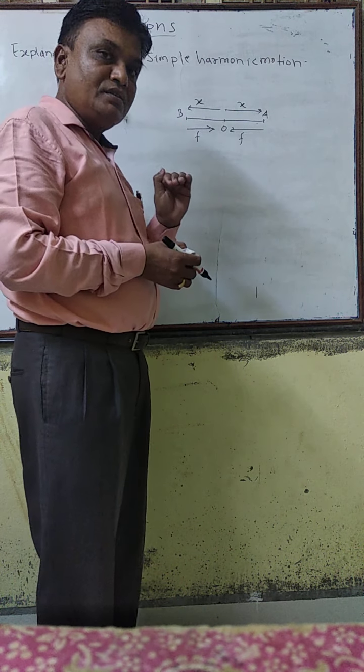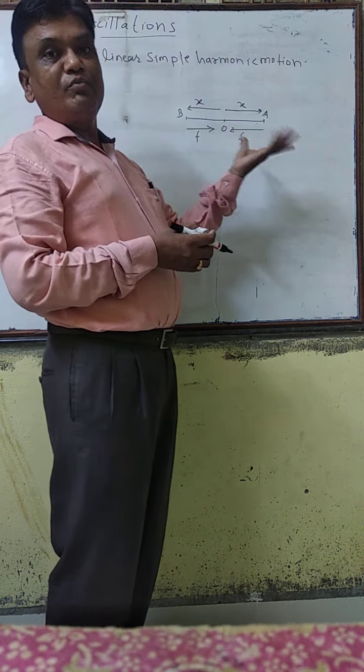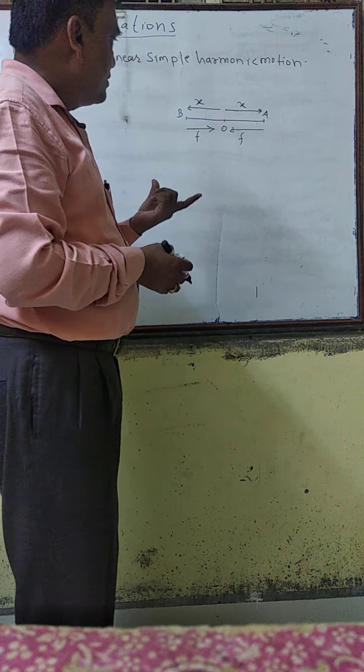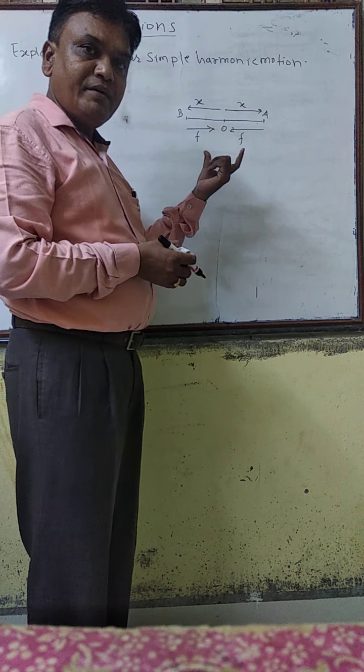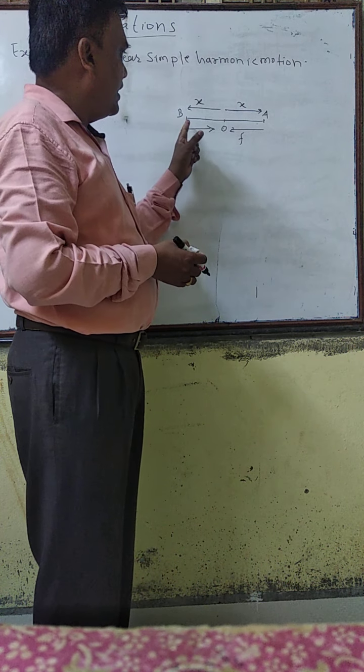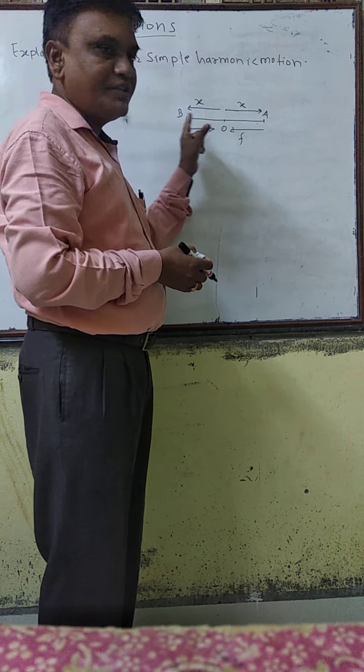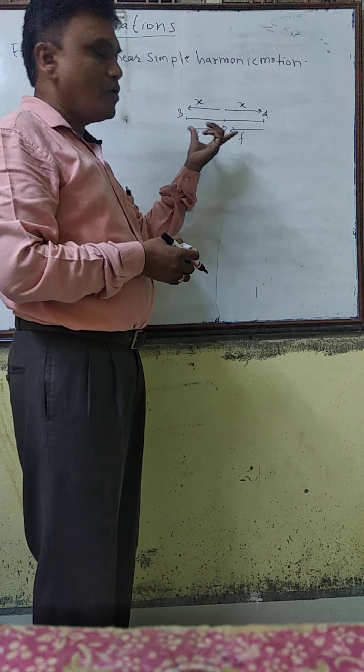Now we know that oscillatory motion is a periodic motion, and when the particle oscillates about this mean position, it is also oscillatory motion.